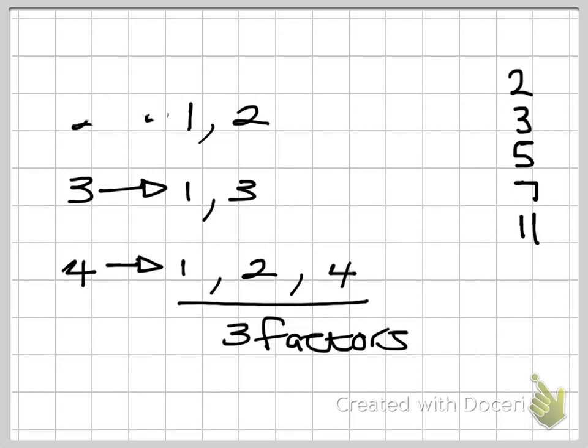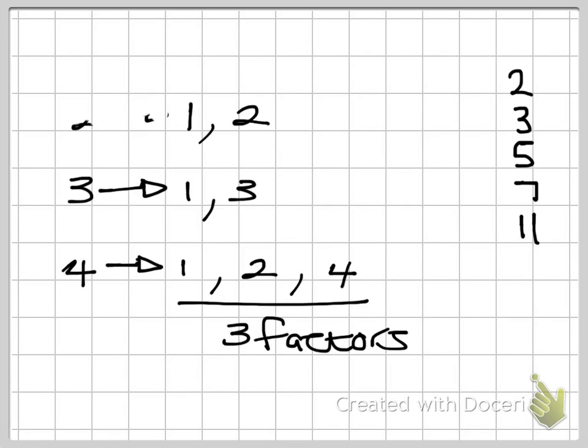Now let's see if we can understand a bit more about factors. Let me just correct that. If I were to ask myself the following, take the number 2 and say, 2 divided by 1 is equal to 2.